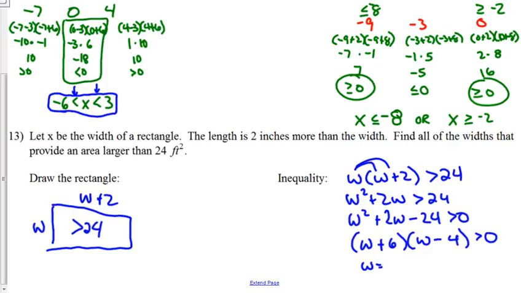So that gives us two solutions of negative 6 and 4. Now negative 6 as a W, as a width, will not work, so we're going to focus in on this one. So we want to find all the widths that provide this area of larger than 24.